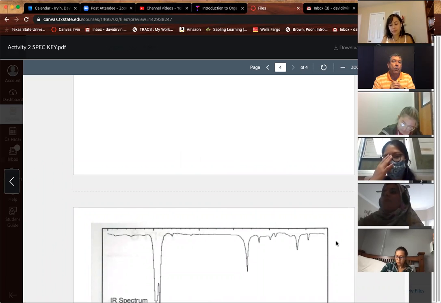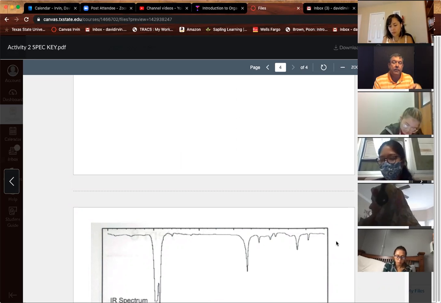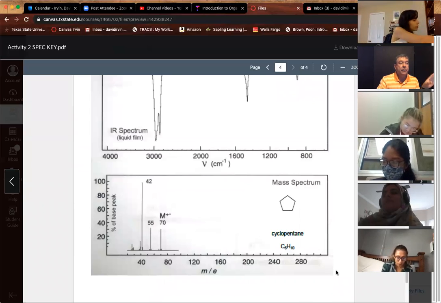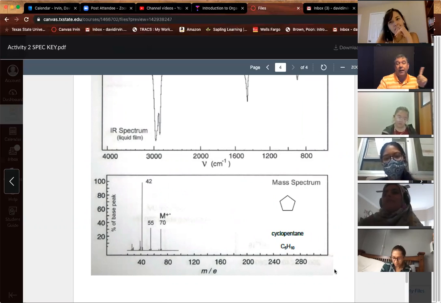Once you get some initial ideas together, then you start doing the down and dirty, getting the empirical formulas down, and then the substituted formulas down, and then you calculate your hydrogen deficiency index. Notice that on this last one, if we didn't calculate our hydrogen deficiency index, we wouldn't know we had a 1, and we wouldn't be looking for the ring.